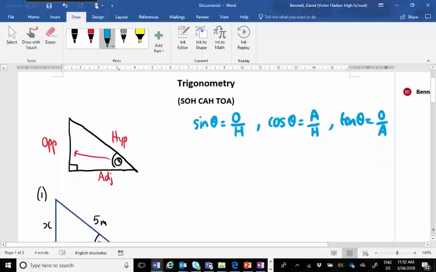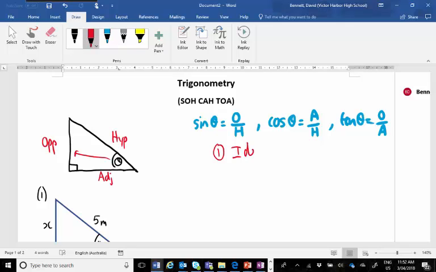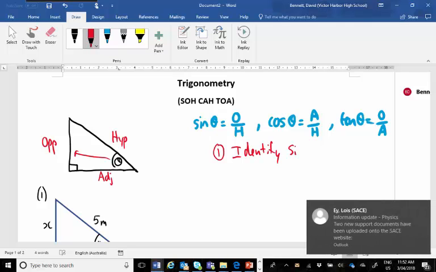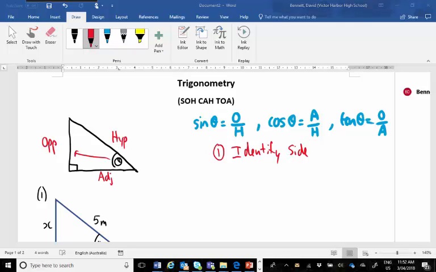Now, when we're going through our problem-solving strategy, I think the first thing that we want to do is identify the sides. And then we do the trig ratio.